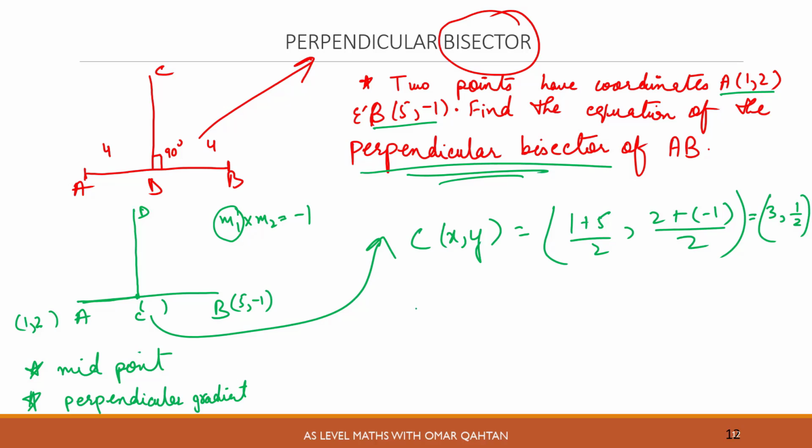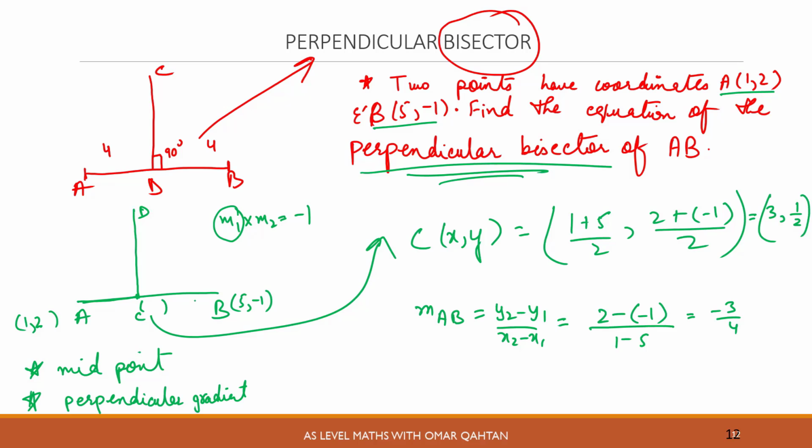Alright, so the gradient of line AB will be y2 minus y1 upon x2 minus x1, so it will be 2 minus minus 1 upon 1 minus 5 is equals to minus 3 upon 4.